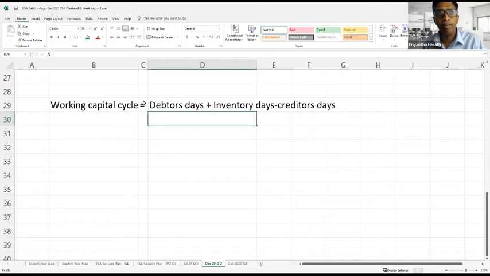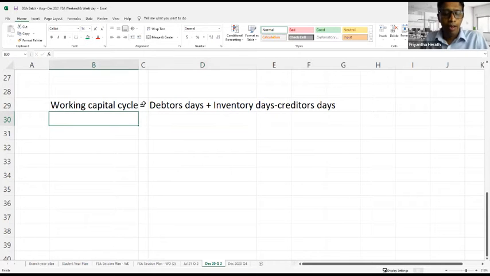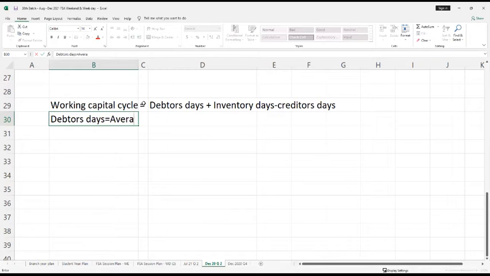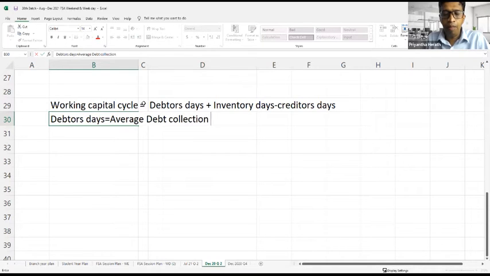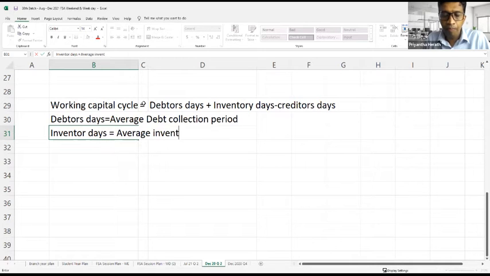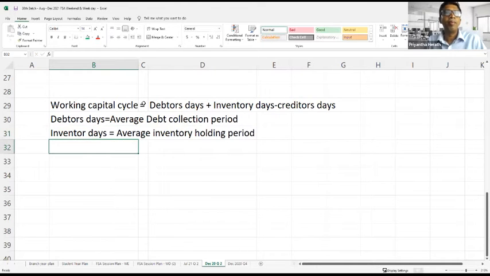Another name for debtors days is average debt collection period. Another name for inventory days is average inventory holding period.